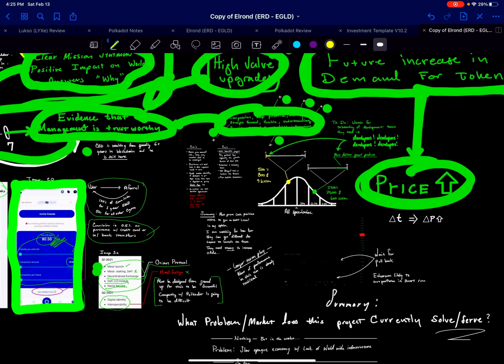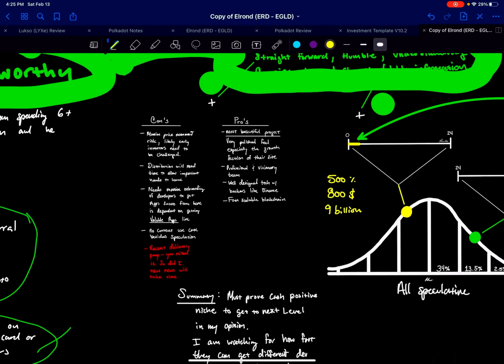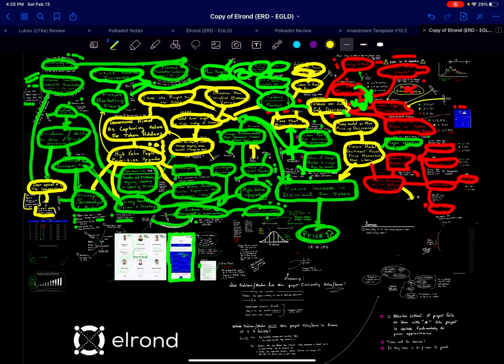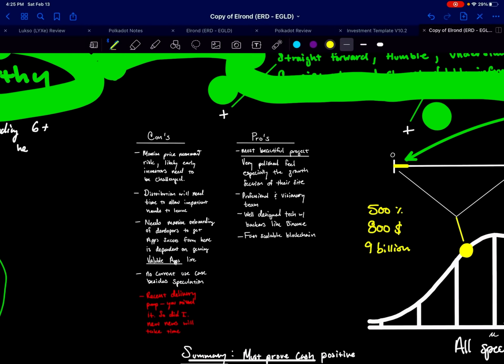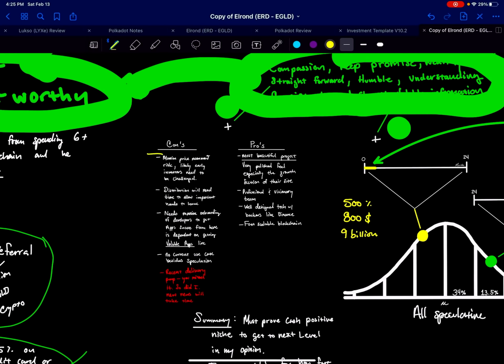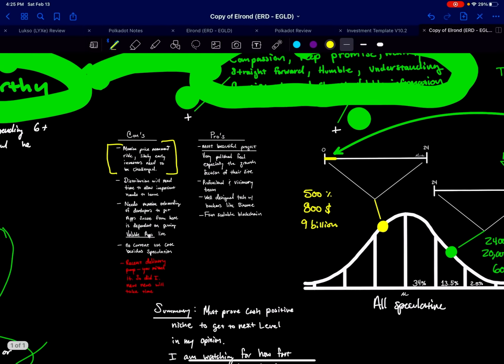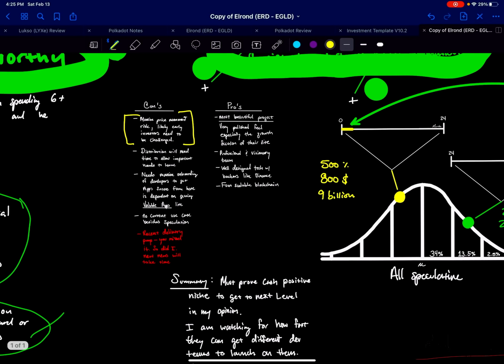Okay, so my summary of this project is, regarding the cons, it has had massive price movement recently, so likely early investors need to be challenged, so that is a major con because it's had that insane growth recently. So that is a very risky value.